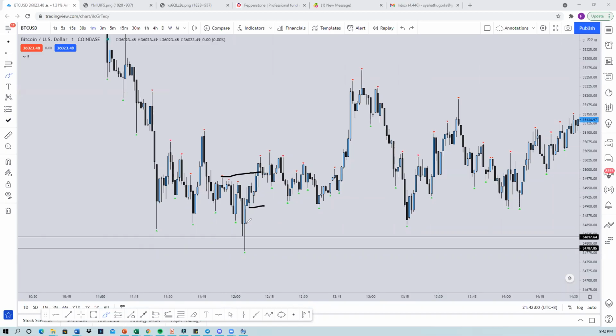We still have this imbalance over here. It did not quite touch it, meaning that if it reacted, it's going to come back at a later point. So what will that later point be? When there's an obvious break in market structure here, and then hint for the next session.